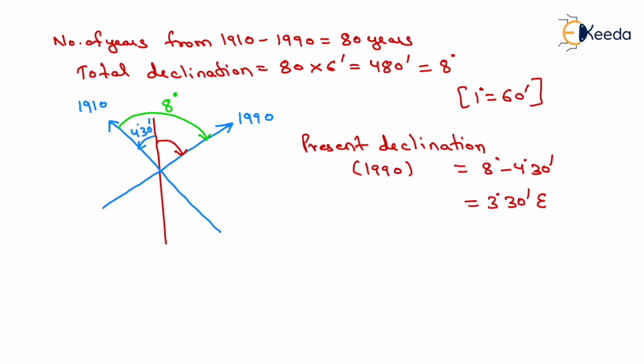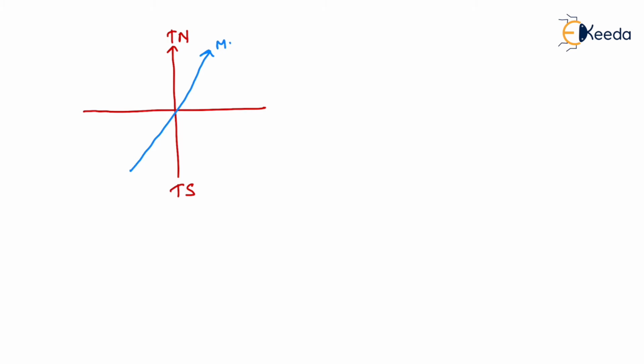Now we will plot the quadrant system, that is this is the true north in 1990 and this is the true south, because it will never change. Now in 1990 the declination was 3 degree 30 minute east, so we will mark the 3 degree 30 minute east like this, that is the magnetic north and that is the magnetic south, and this angle is 3 degree 30 minutes.